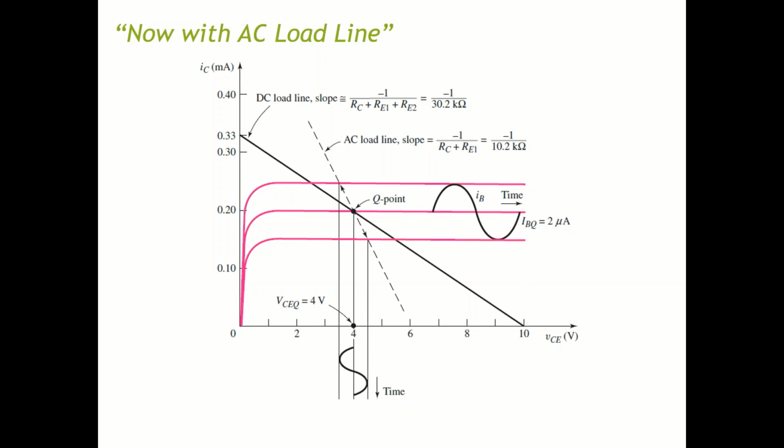And that difference is attributed to the emitter resistor RE2, which is not included in the small signal equivalent circuit due to the bypassing effect of our bypass capacitor CE. The small signal CE voltage and the collector current response are functions of the resistors RC and RE1 alone.